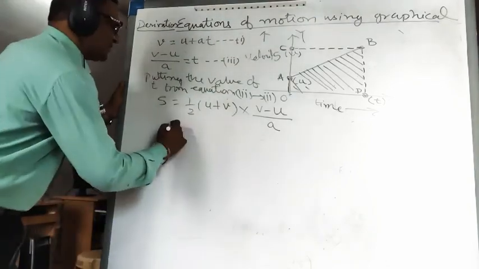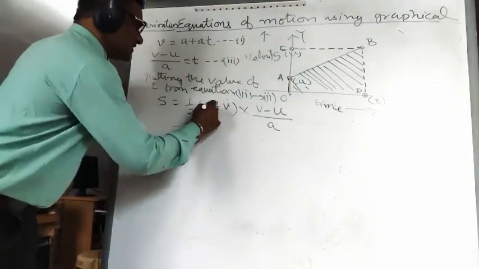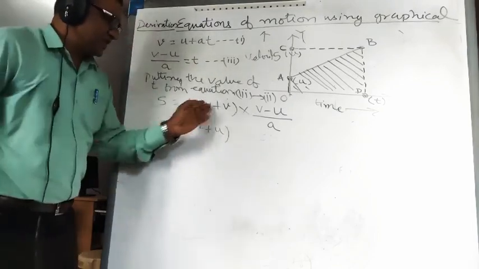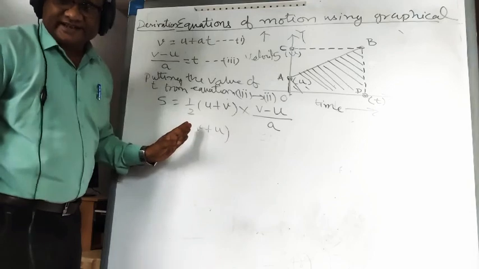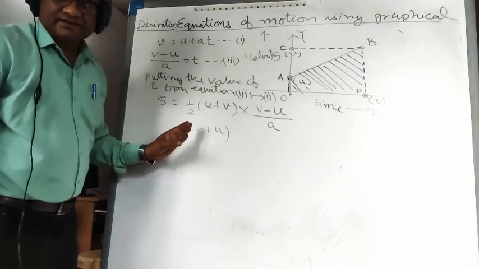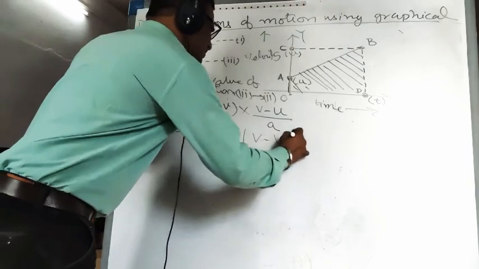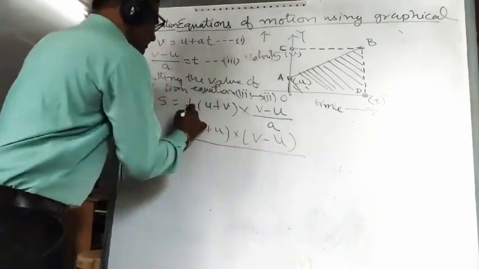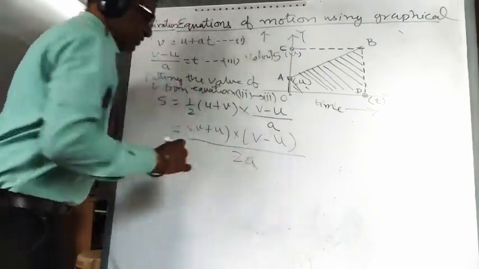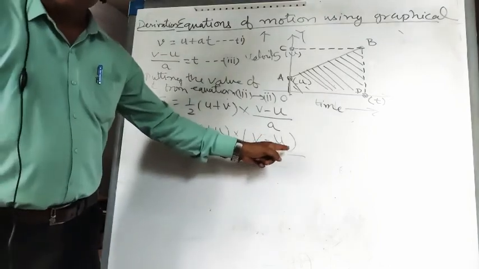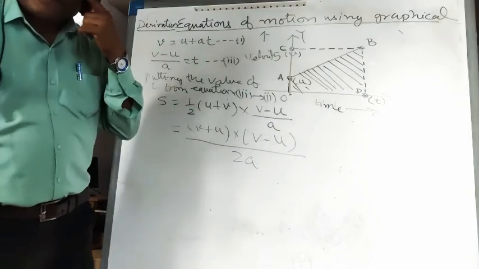Can I say the first term can be written as v plus u? Same, u plus v or v plus u, they are the same. Multiplied by v minus u, whole divided by 2a.